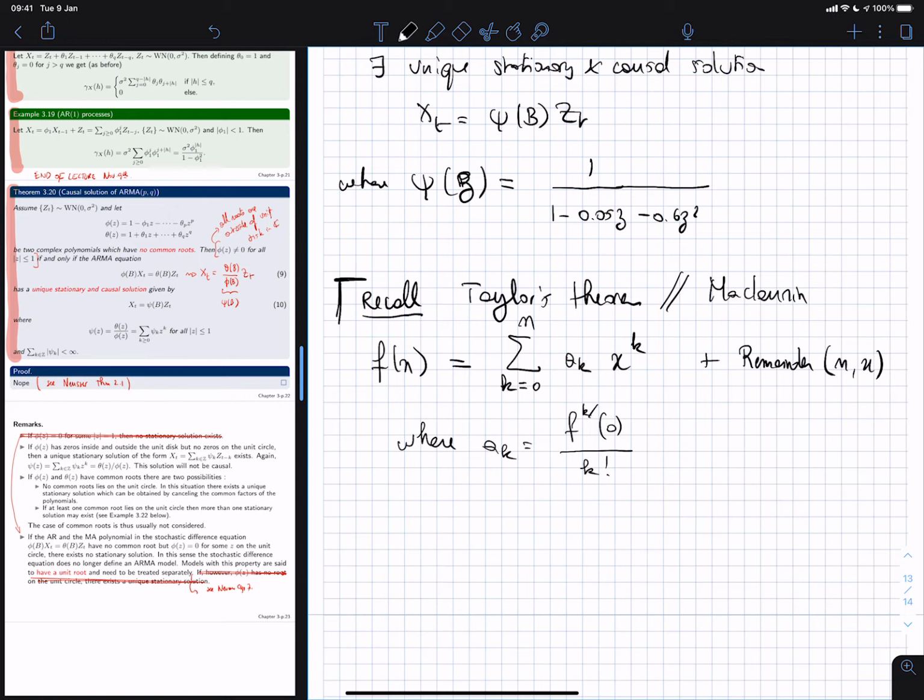Does this Maclaurin expansion remind you of things? I guess the math students, yes.